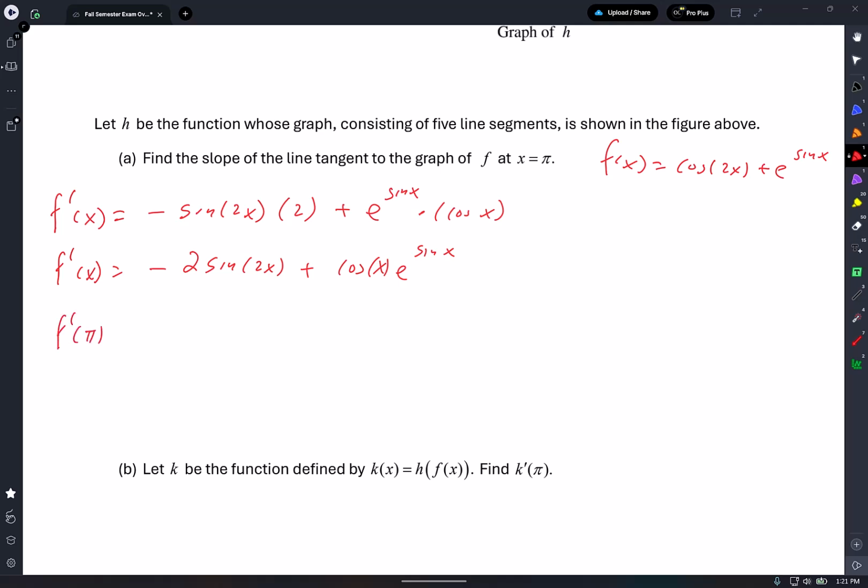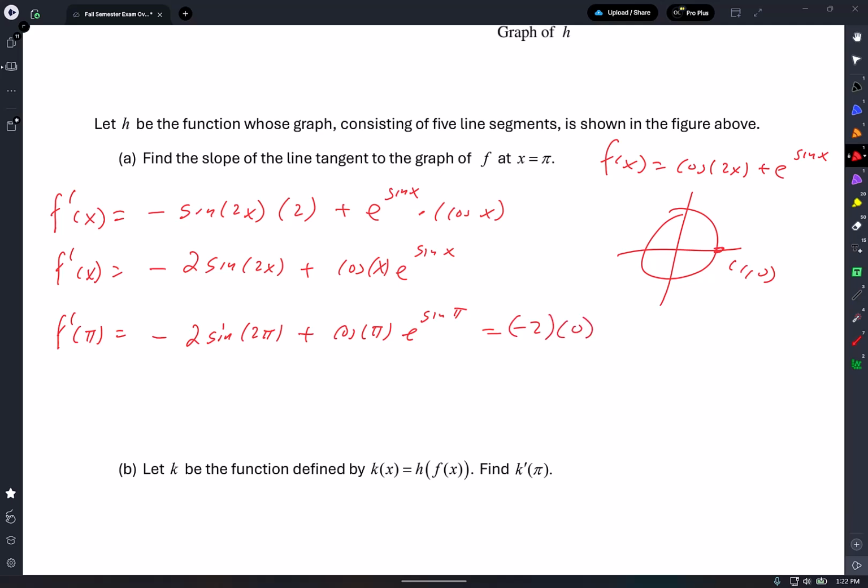F prime of pi equals negative 2 sine 2 pi plus cosine of pi e to the sine pi. So sine of 2 pi on the unit circle, your 2 pi is over here, and that coordinate is 1, 0. Remember that sine is always your y value. So I have negative 2 times 0 plus cosine of pi is over here.